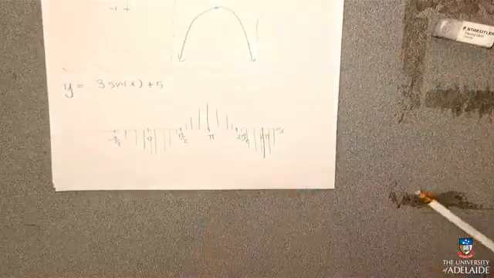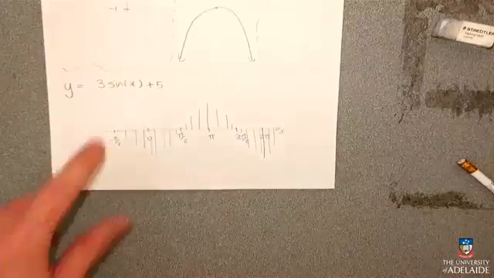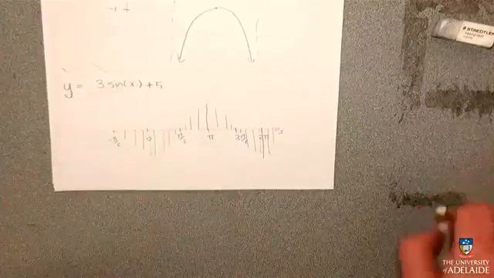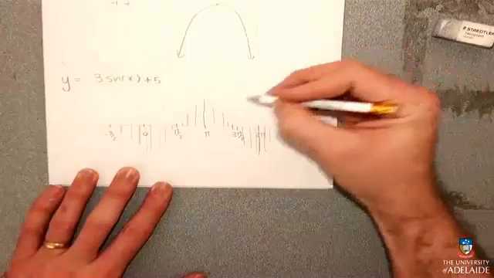Okay, so I can imagine it as made up of all these little lengths, either pointing up or down. And when I say this is y equals sine x at the moment, that's what these heights here are.